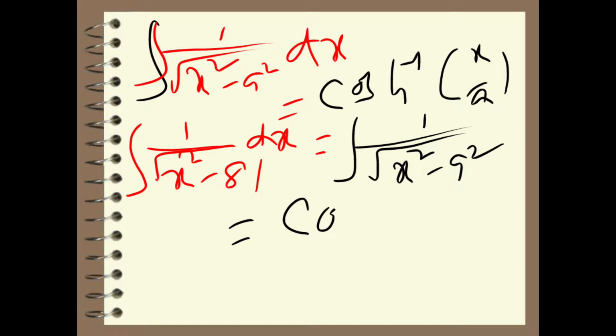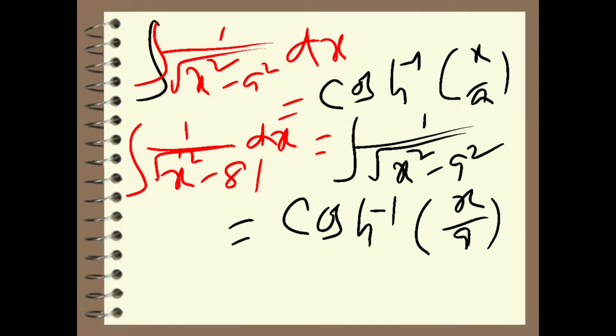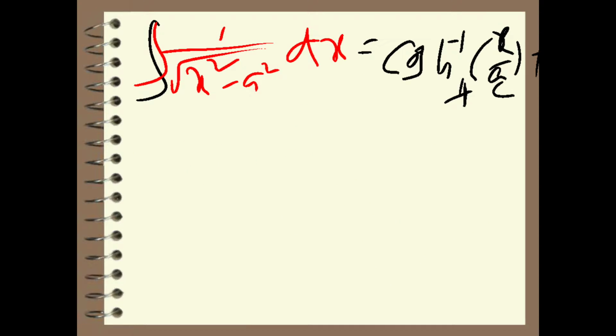So clearly it is of the form cos h inverse x by a, that is cos h inverse x by 9 plus c. Okay, right, let us see this example.